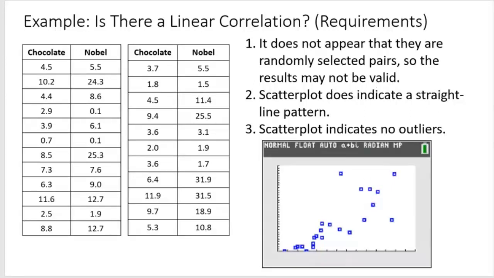First of all, is it random on the requirements? Well, there's no reason to think that it's randomly selected because it didn't tell us it was, and it didn't tell us how it was used. Okay, so it doesn't appear that it's random. So we're going to say right now the results may not be valid because we didn't clearly meet the first requirement. Okay, we would need some more information if we know if it's valid, but it does kind of have a straight line pattern.